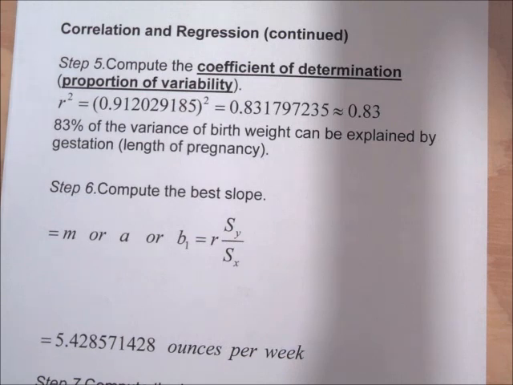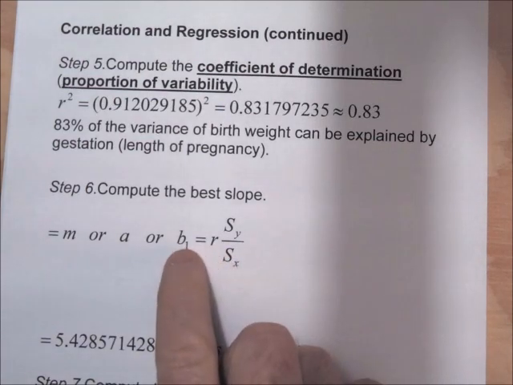You'll have a B1, a B2, a B3, and so forth, so you can't have just one letter for the slope if you have more than two variables. But for two variables, I think A is fine for the slope. The letter they use doesn't matter so much.